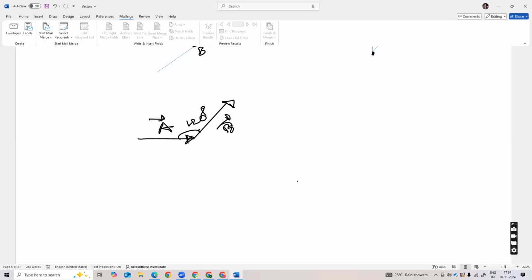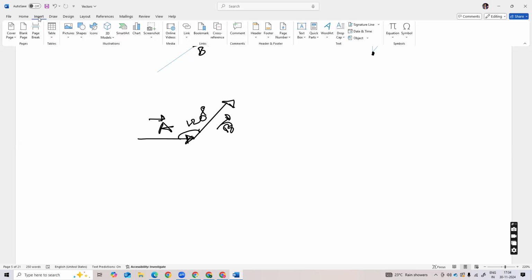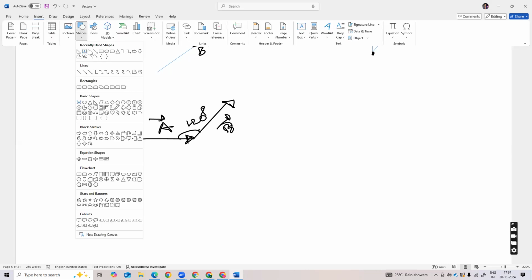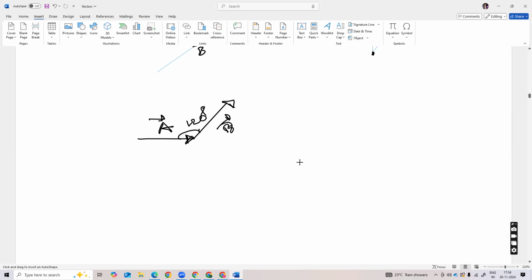If someone asks what is the angle between these two vectors, this angle cannot be 120 degrees because neither the heads nor the tails of these vectors are matching. So what you will do is shift one of these vectors.